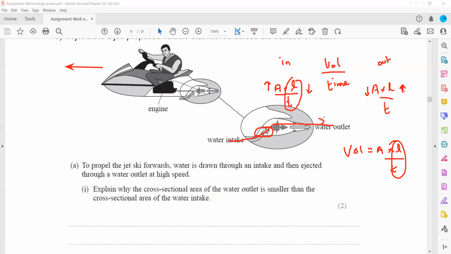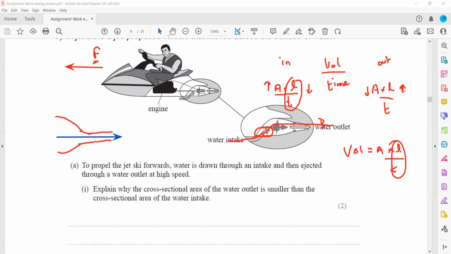And what is the advantage? That water will have a high flow rate, so it will have a greater resultant force. This creates more force for the ski to move over the surface of the water. For example, if this is the water intake and this is the water outlet, the amount of water which enters and leaves is the same every second.